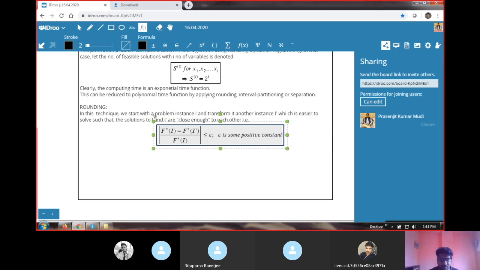So this is known as an epsilon approximation algorithm. The algorithm producing the solution for I dash is an epsilon approximation algorithm.